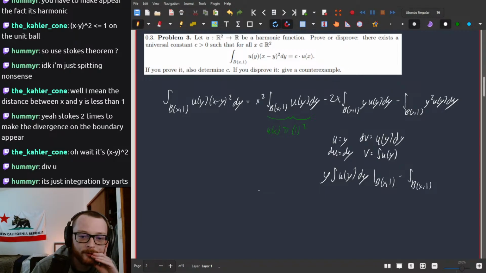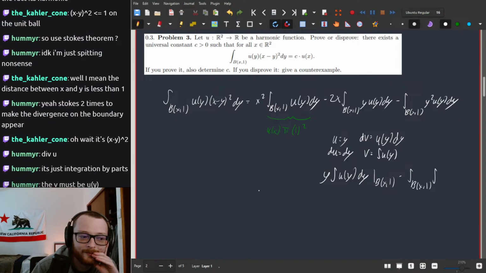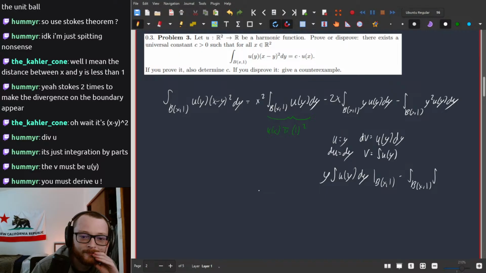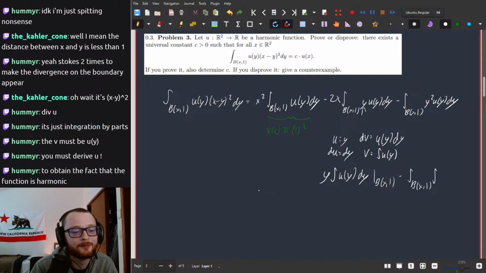Well, isn't this a double integral now? Take the derivative of u, but then I'm going to integrate y. Maybe I can get a cancellation with that y squared.